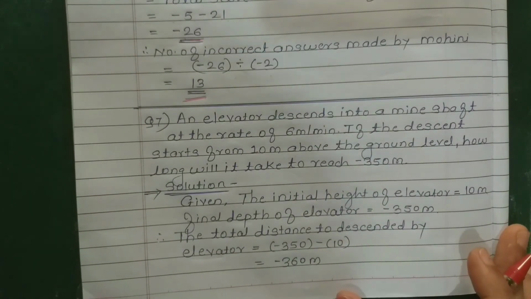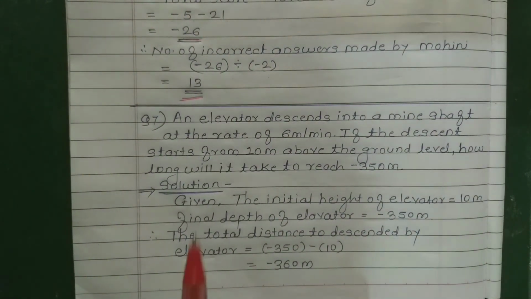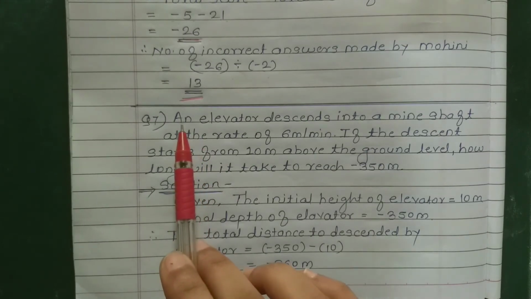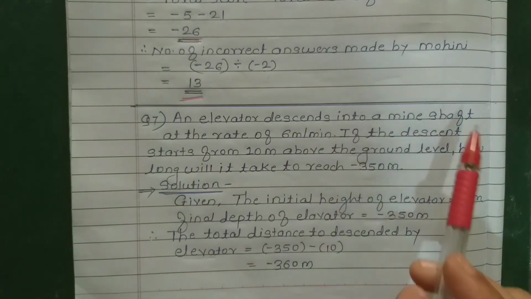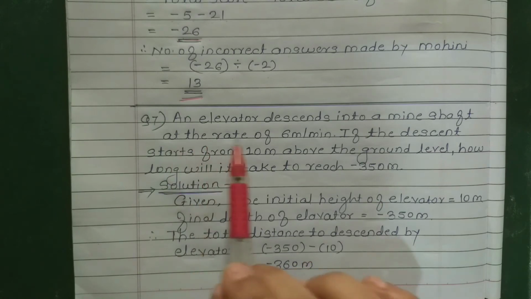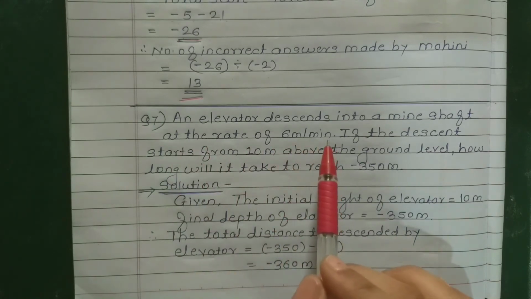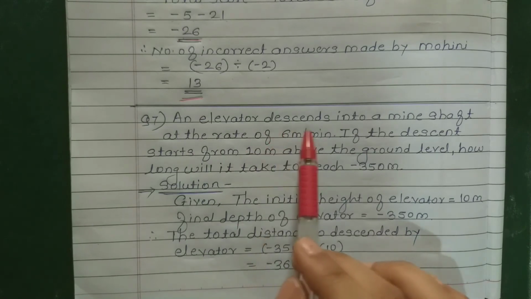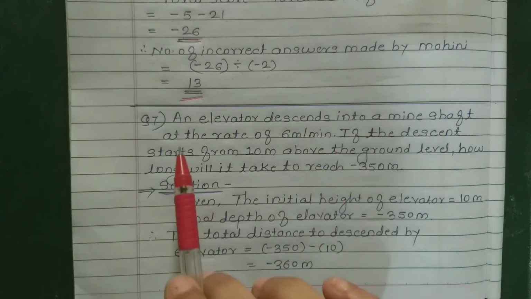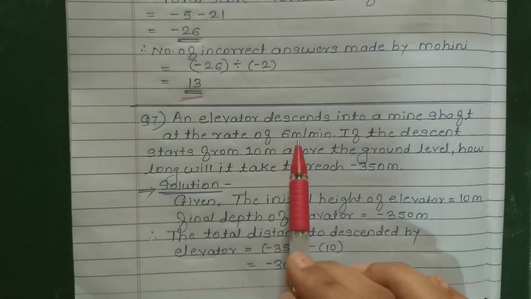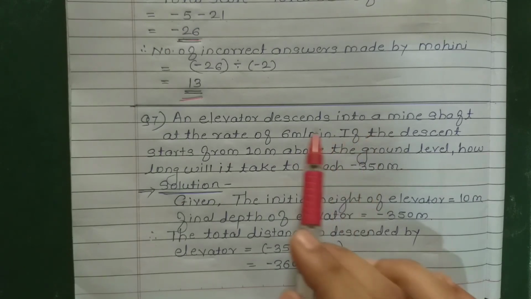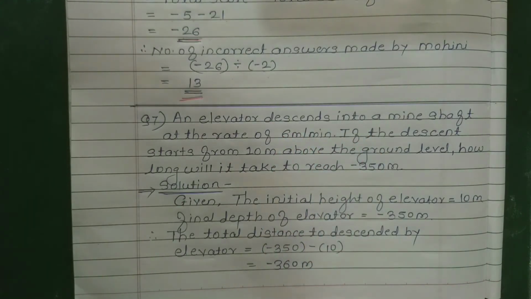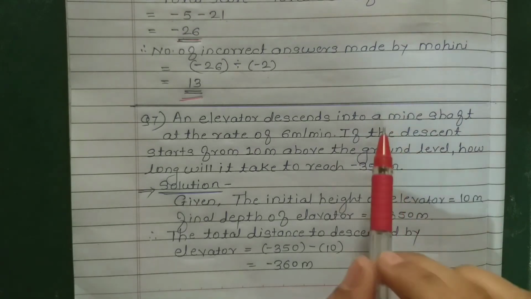Okay. Now the last question of this exercise is: an elevator descends into a mine shaft at the rate of 6 meter per minute. Descends into a mine shaft, that means it is in the opposite direction.